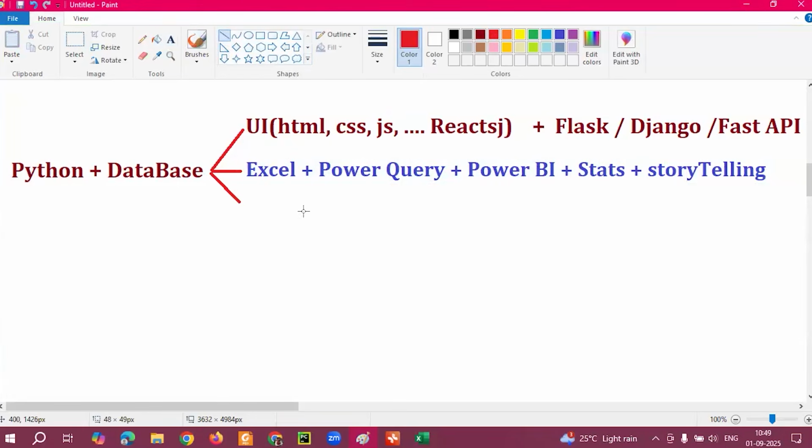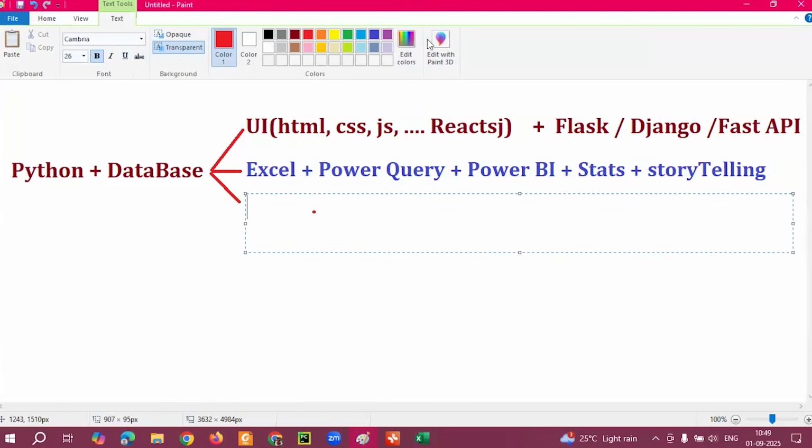If your target is data science, you need to learn machine learning, deep learning, artificial intelligence. Then stats is required, then R language, prompt engineering.